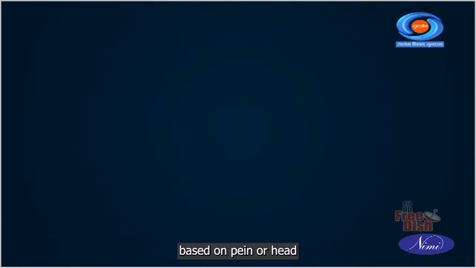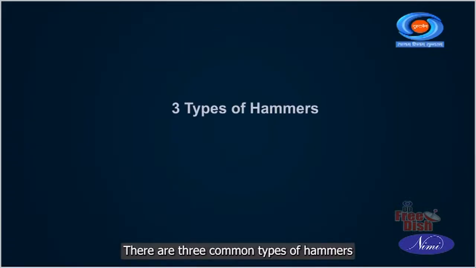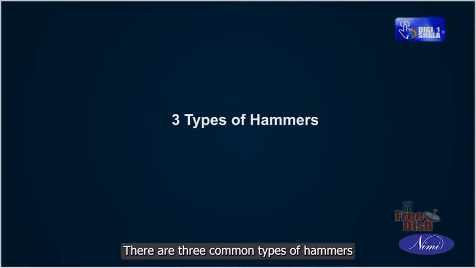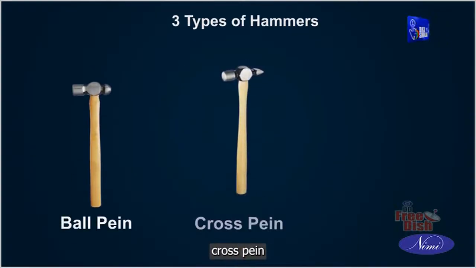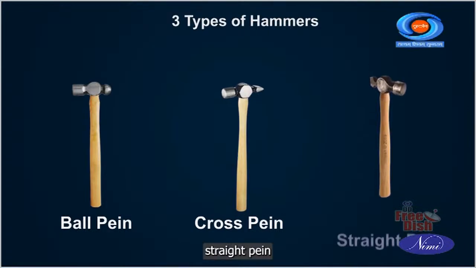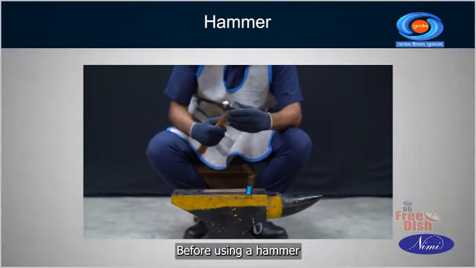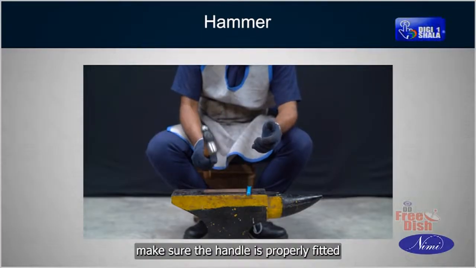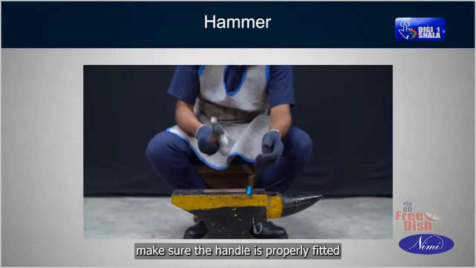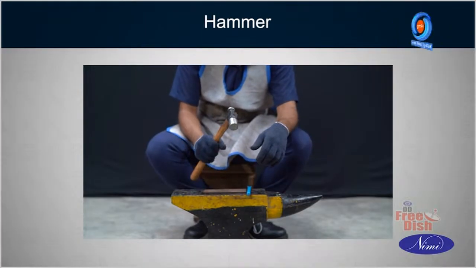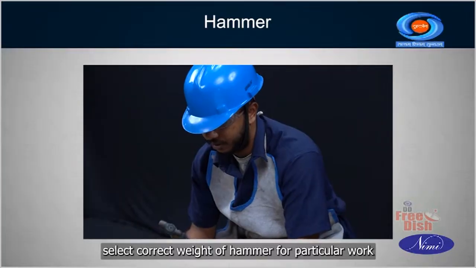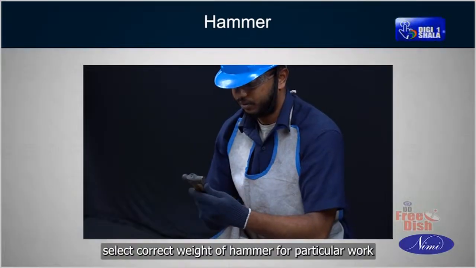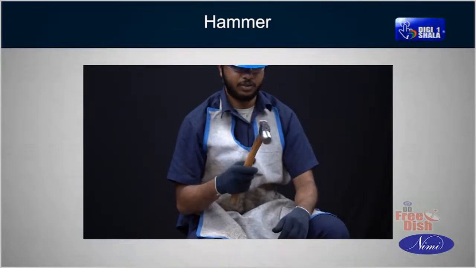Based on pin or head, there are 3 common types of hammers: ball peen, cross peen, straight peen. Before using a hammer, make sure the handle is properly fitted. While using hammers, select correct weight of hammer for particular work.